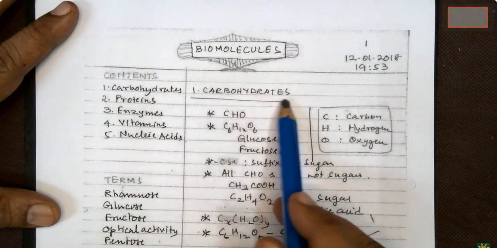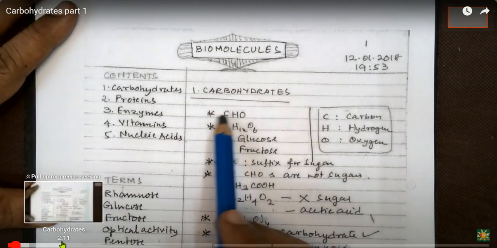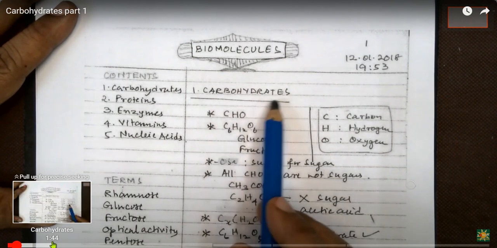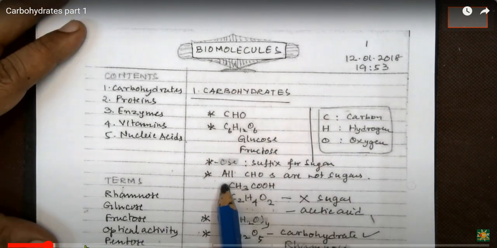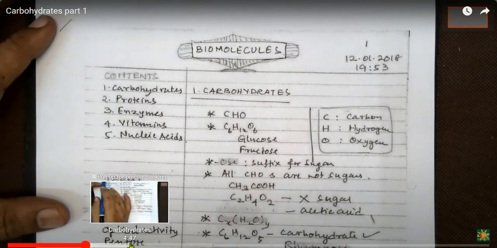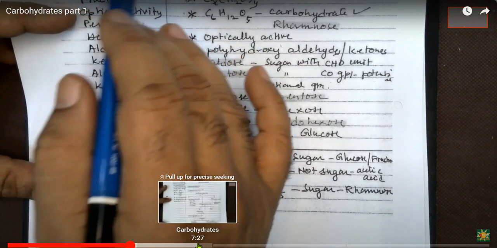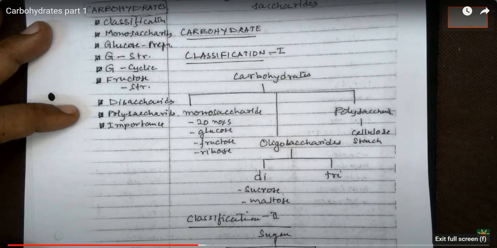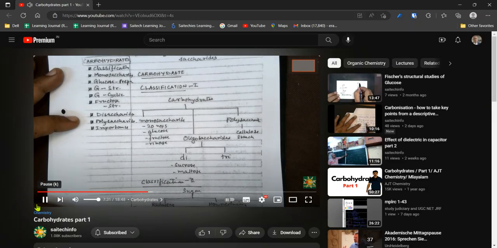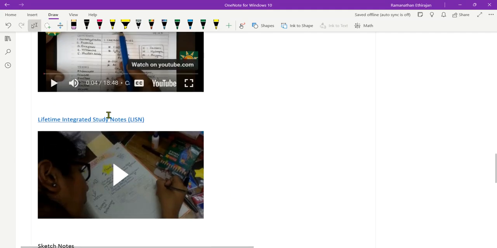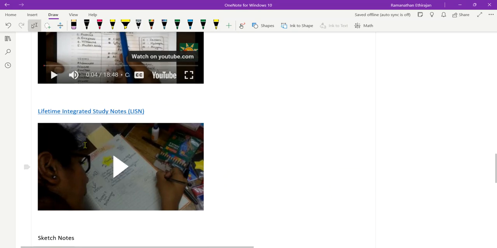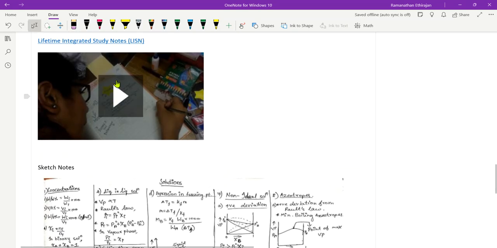Let us talk about carbohydrates. The fundamental unit of carbohydrates is CHO. We have enzymes. I will give you the link, you can go through that comfortably, so that you can understand what the Cornell notes are. And you can see some of our students' integrated sketch notes also in this link.